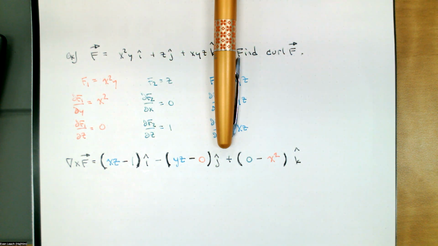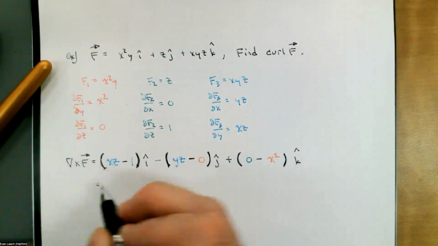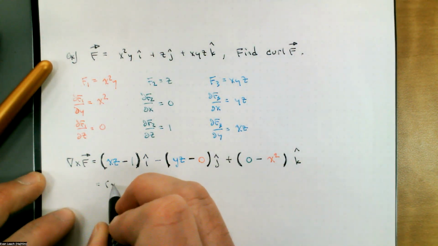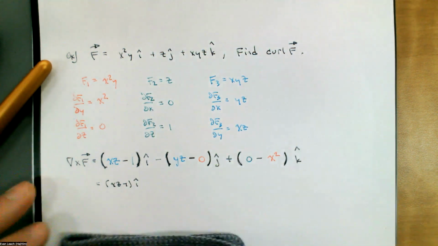This has some terms that are zero. And those terms that are zero means we've got some extra parentheses running around. So let's clean this up a little bit. So we'll have xz minus 1 for an I component. Now a little messy.